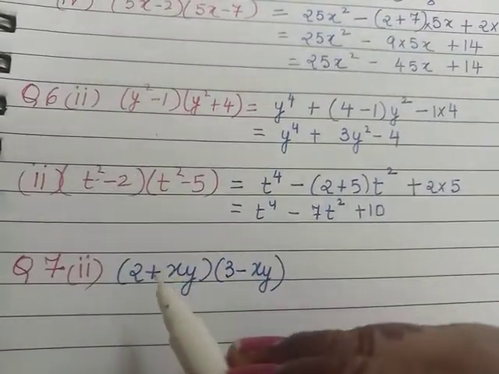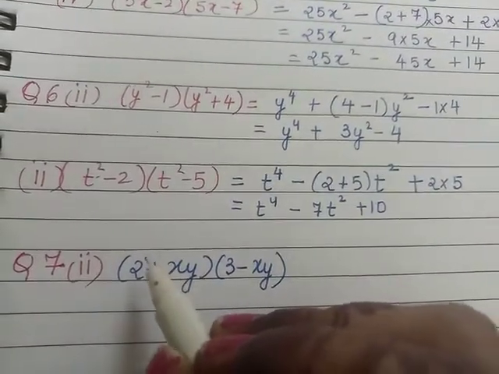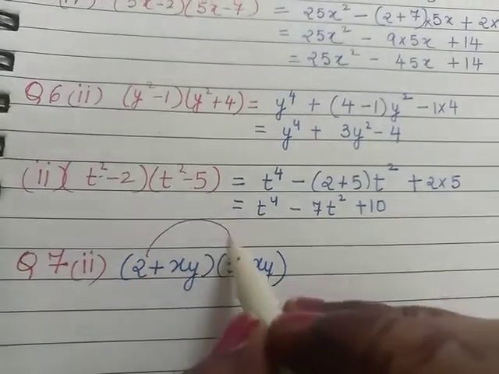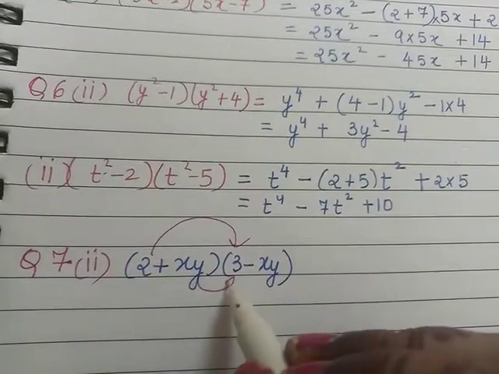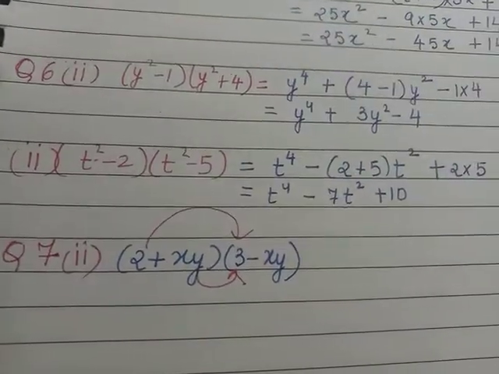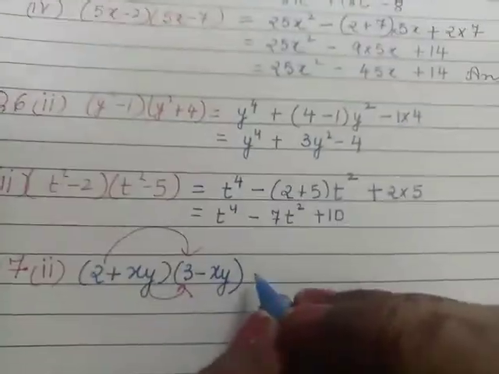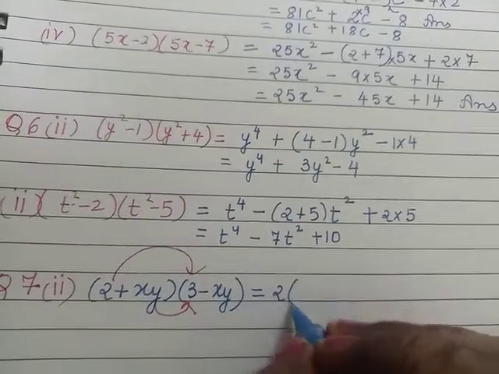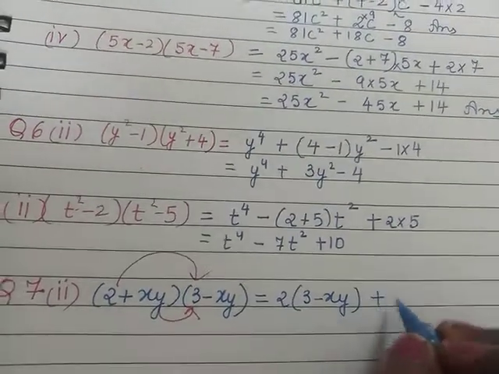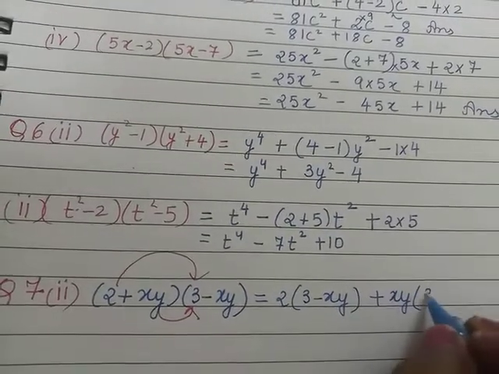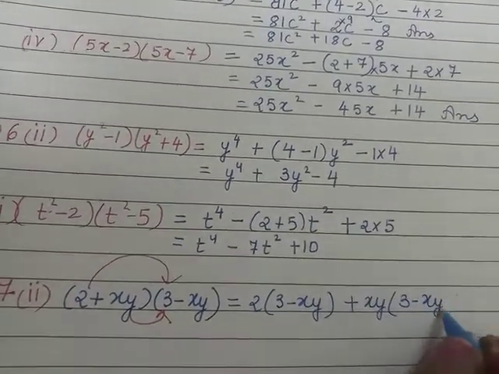For question number 7, we'll apply the distributive law, that is 2 is multiplying by 3 minus xy, as well as xy is being multiplied with 3 minus xy. So how we write? 2 into 3 minus xy plus xy into 3 minus xy.